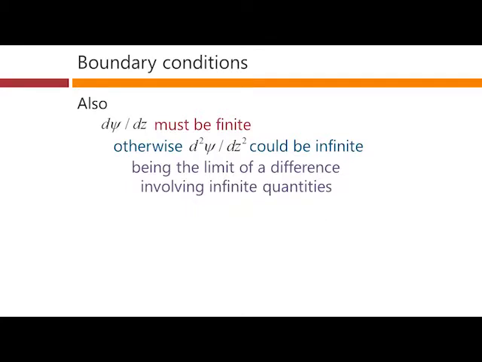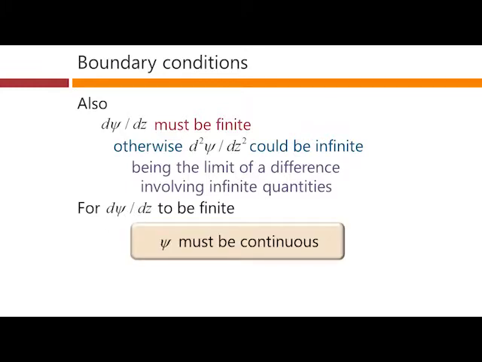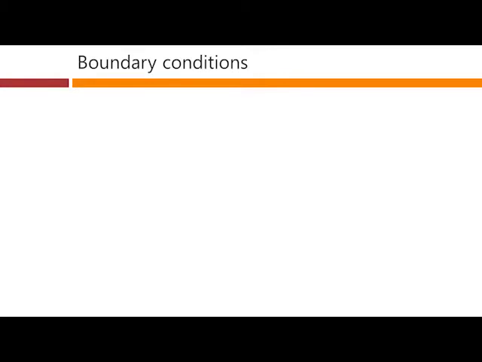So, in order to be sure that d²ψ/dz² is not infinite, we need to require also that dψ/dz is a finite quantity at all times, all positions. For dψ/dz itself to be finite, then that means that similarly ψ must be a continuous function. If ψ had had a jump in it, then that would be a problem.